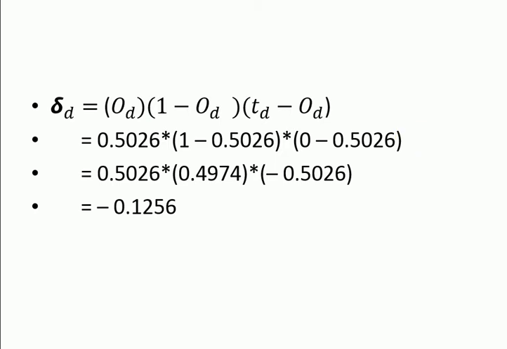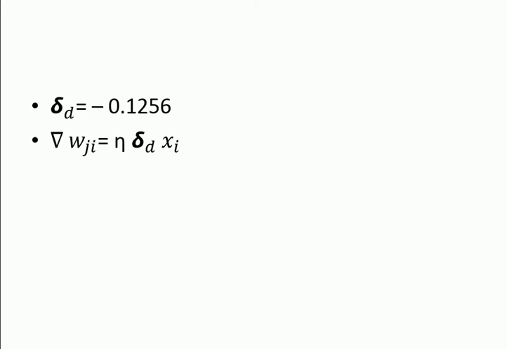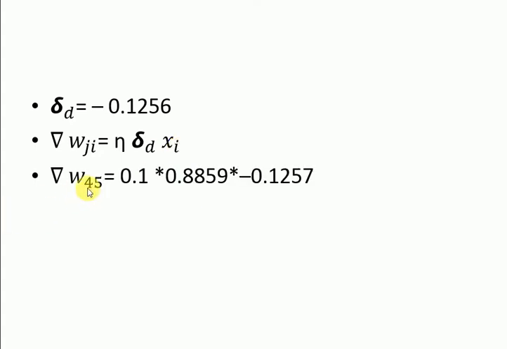Next, again we have delta d equals OD into 1 minus OD into TD minus OD. This is the complete network error term, minus 0.1256, which is calculated, and again eta into delta d into x of i. So that is the derivative for 4.5. The 4.5 value is calculated: 0.8859 into 0.1 equals minus 0.1257.